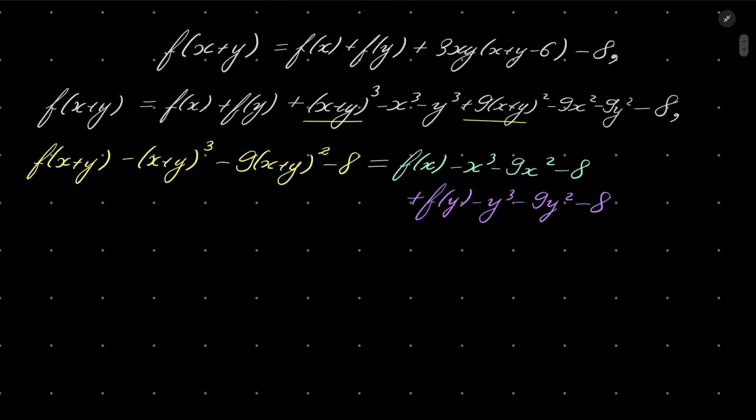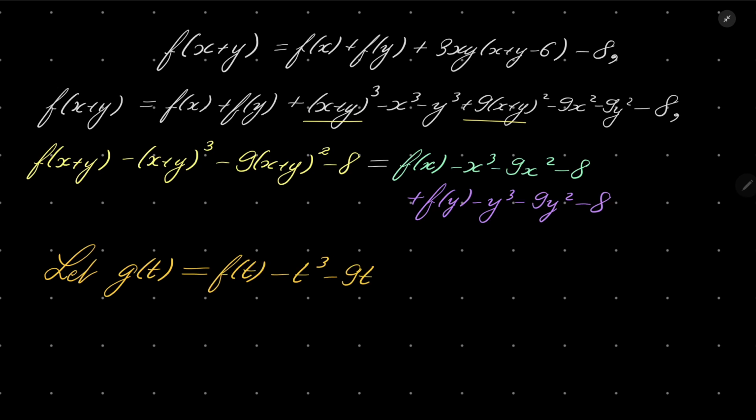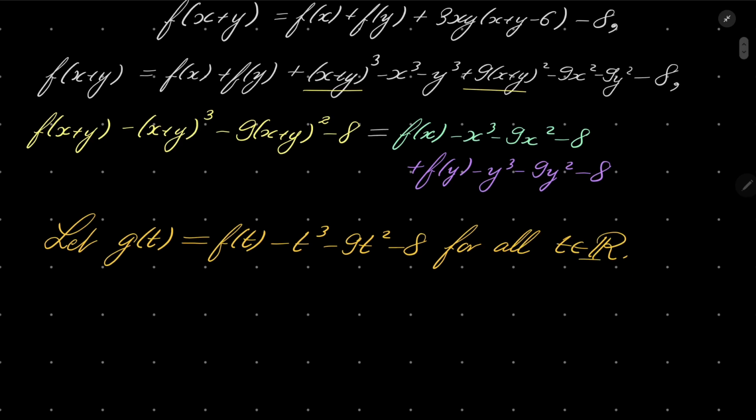And now I will do a substitution. So now let, for example, g of t be equal to f of t minus t cubed minus 9t squared minus 8 for all real numbers t. After this substitution, our equation becomes much simpler.